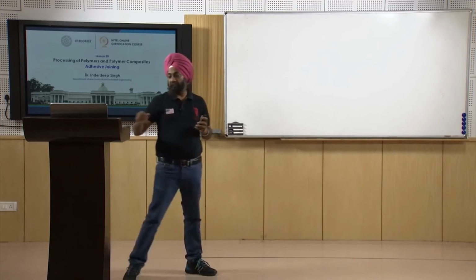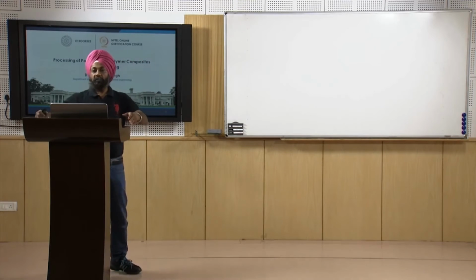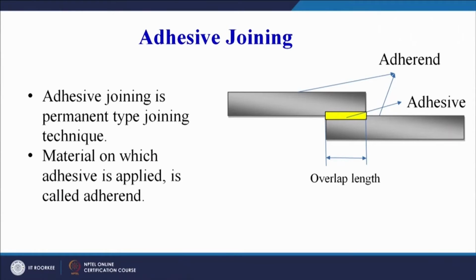Let us start the discussion. This is adhesive joining. You can see the diagram has already been explained in the previous sessions. This is adherent 1, this is adherent 2. The two adherents are the materials that have to be joined together, the parts to be joined.